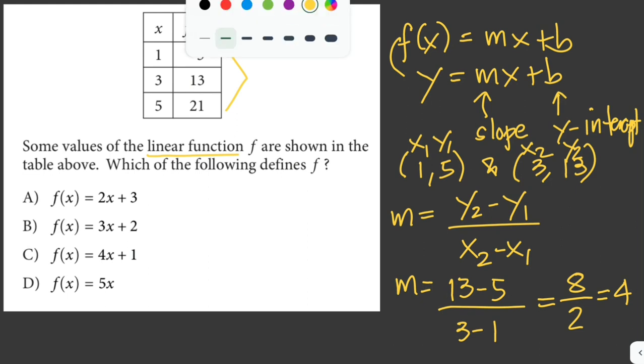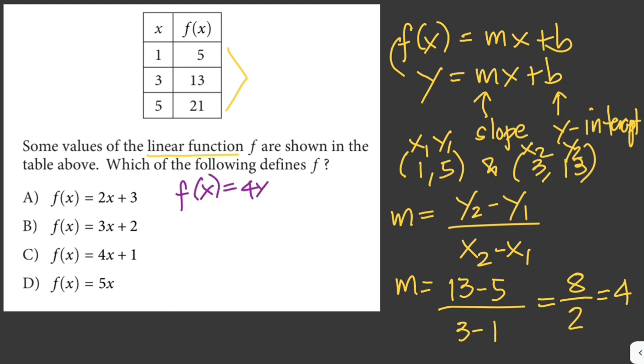And now for our y-intercept, we already have the slope. So our equation is just f of x equals 4x plus b. So we can choose any of the 3 points here to solve for b. So let's say we use 1, 5. So when x is 1, y is equal to 5.